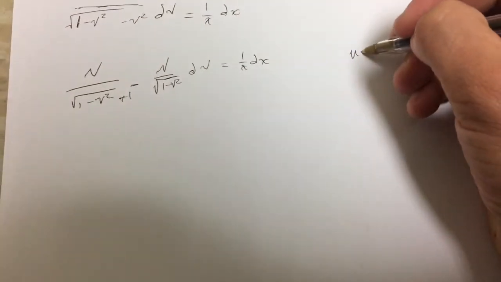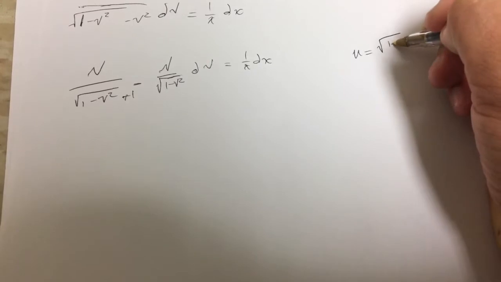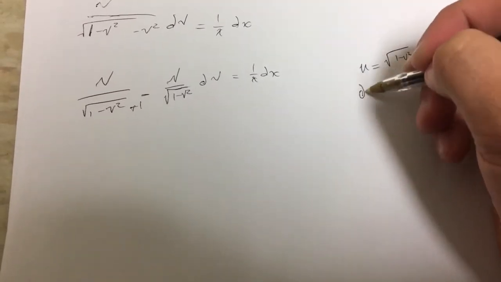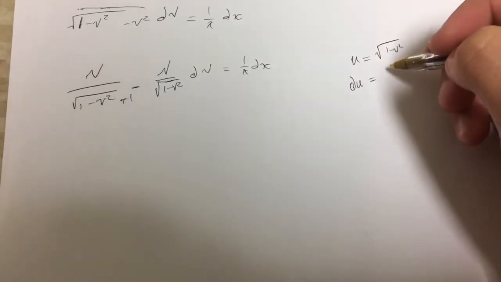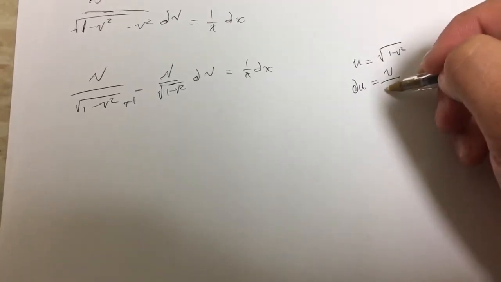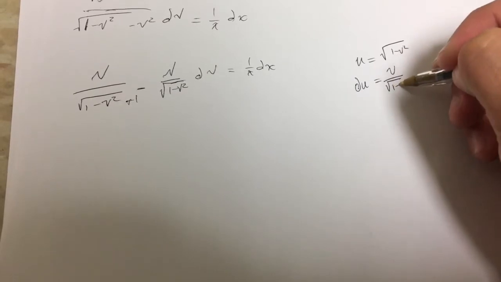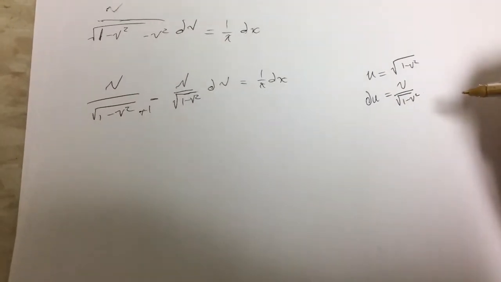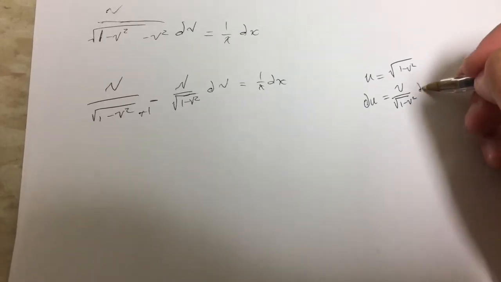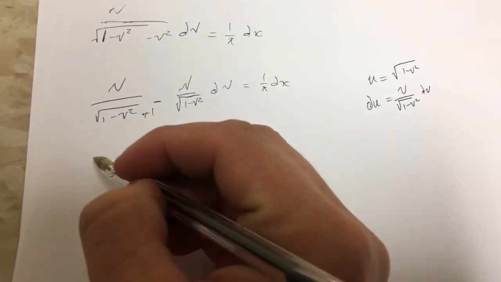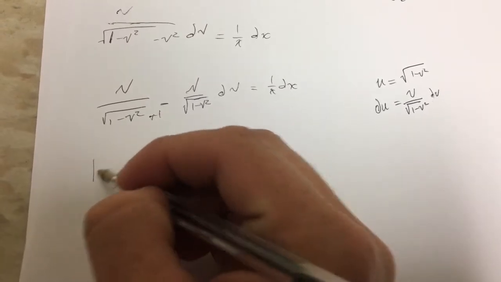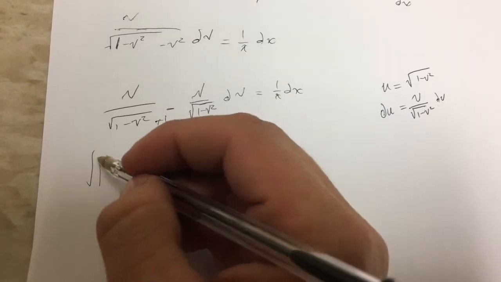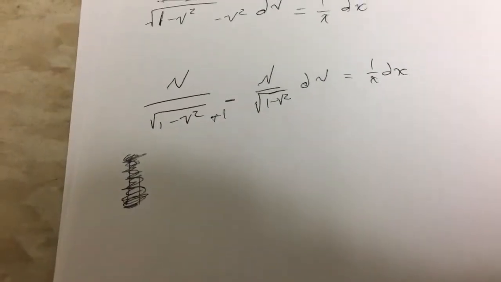So u would equal the square root of 1 minus v squared, and if you take the derivative of it, your du would end up being v over the square root of 1 minus v squared. So what you can do, a quick correction.